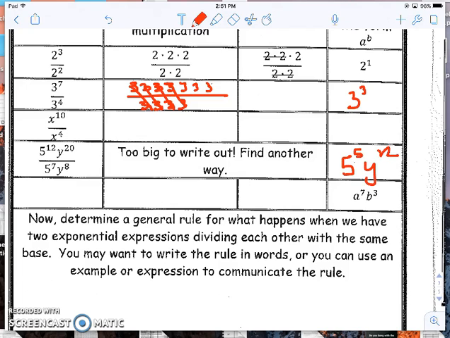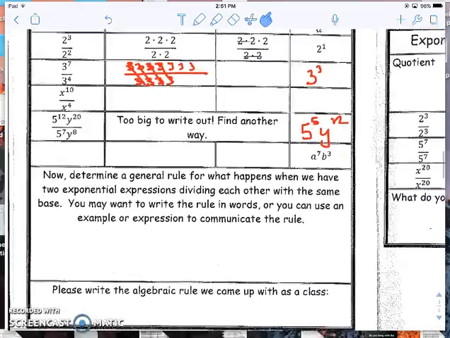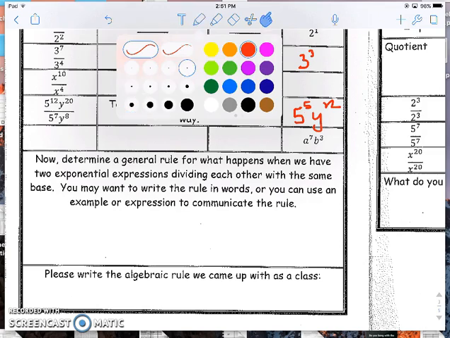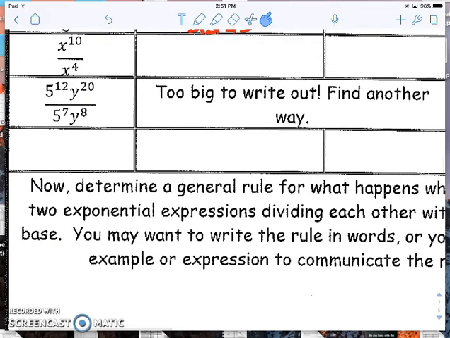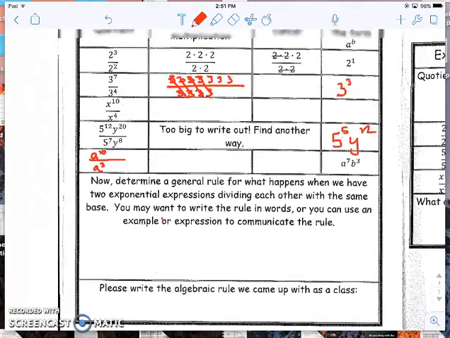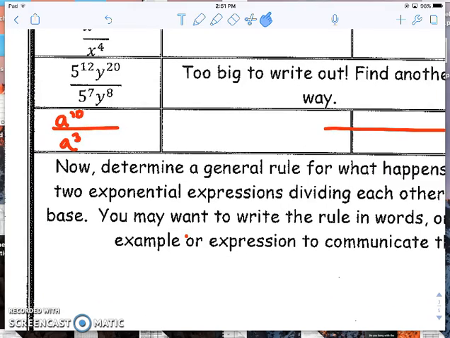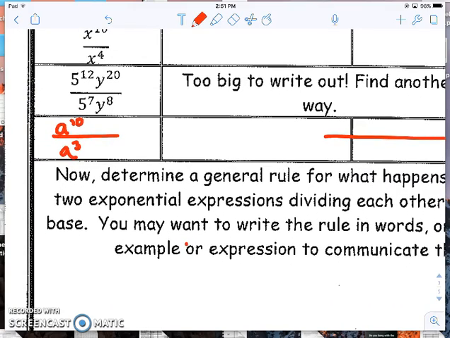And there's quite a few ways that you could get this one. We could have started with a to the 10th over a to the 3rd, and then we ended up with a b to the 3rd. So maybe this was b to the 7th over b to the 4th.